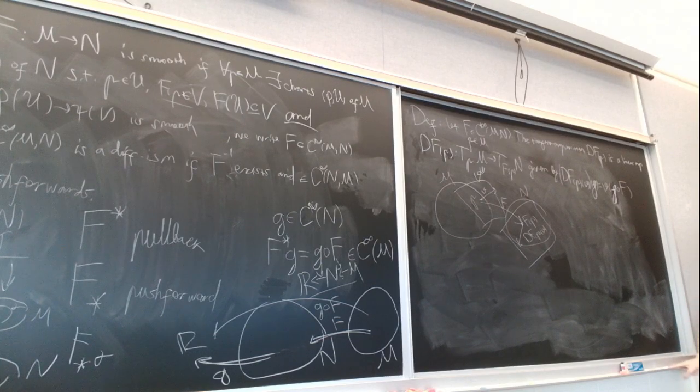When we wrote it in coordinates, we realized it's the same as a vector in R^n because I just need to specify the coordinates of which direction I take the derivative. Remember I had a_i partial x_i, so I just need to specify the a_i's to specify a derivative in some direction, and that's essentially a vector in R^n. So we'll see later that it's all the same, but for now it's slightly different.